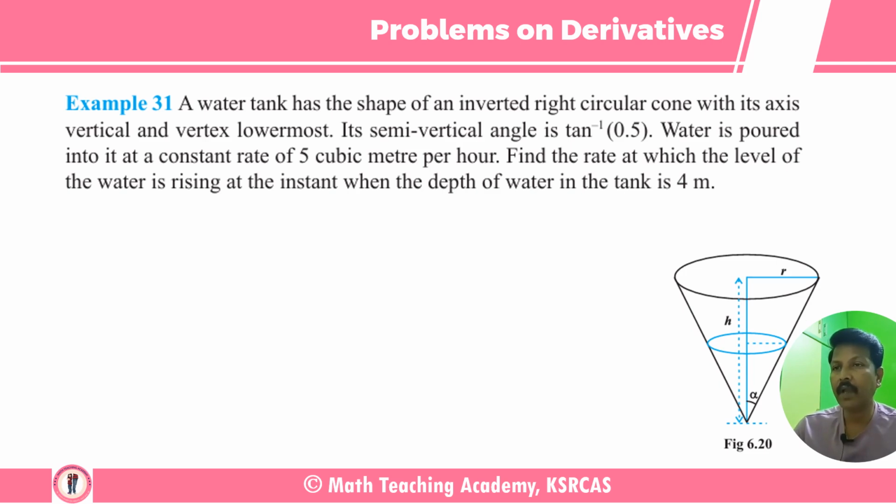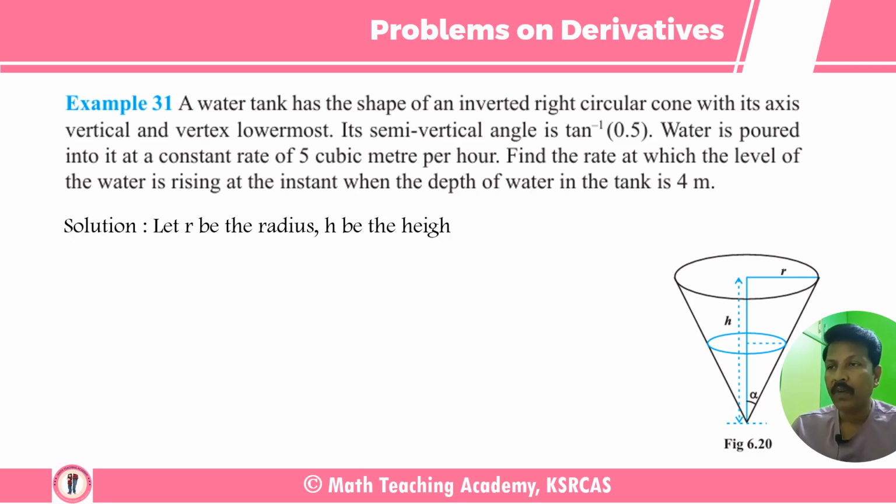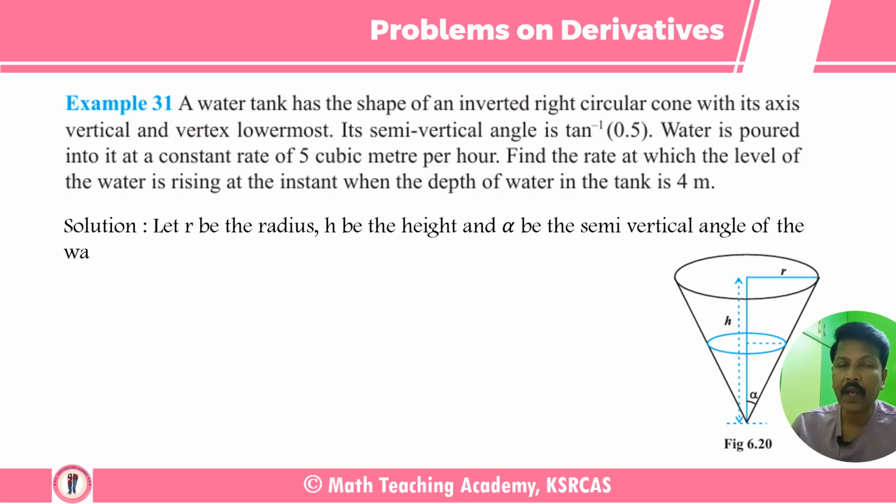So first off, draw a diagram of the water tank. The diagram of the water tank is shown in figure 6.20. First off, let us take R be the radius, H be the height and alpha be the semi-vertical angle of the water tank.